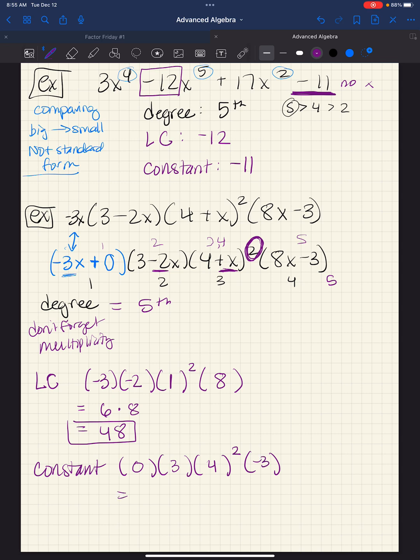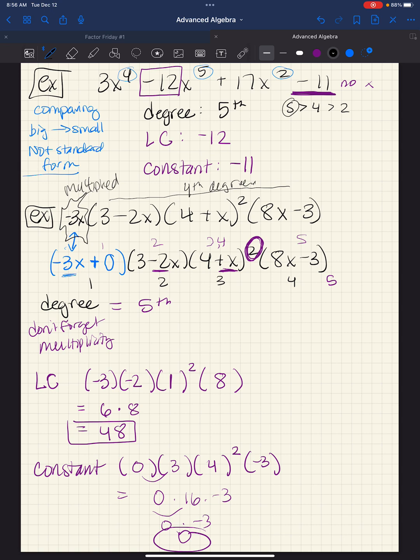But just for viewers at home, we'll work through this. Well, that's 0 times 16 times -3. Well, that's 0 times -3. Well, 0. Okay? And it kind of makes sense because if you were to ignore, let's say we ignored this piece right here and multiplied it last, you would get a whole long 4th degree polynomial for this, which has a constant term.